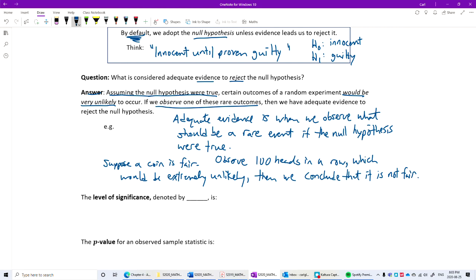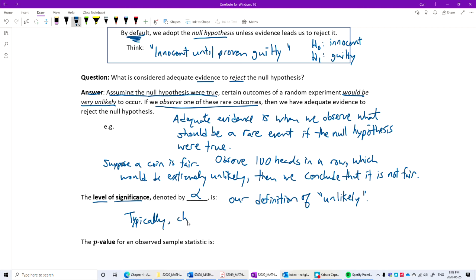Okay, so an open question still here is, what do we mean by unlikely? And that's this. The level of significance, which is denoted by alpha, is what we consider unlikely. Let's put it this way: it's our definition of unlikely. Typically, it's the same alpha that we used for confidence intervals.